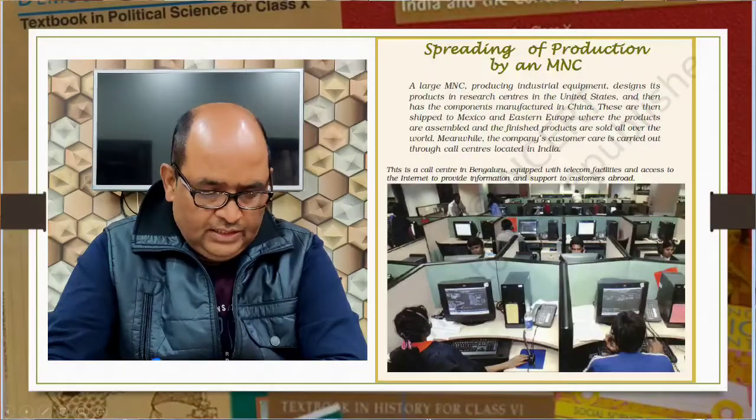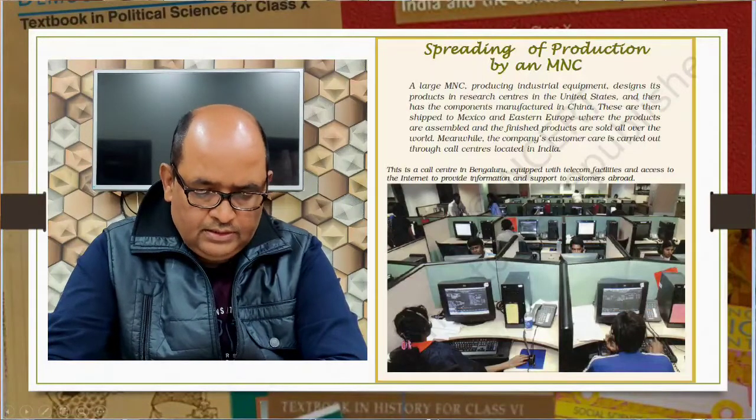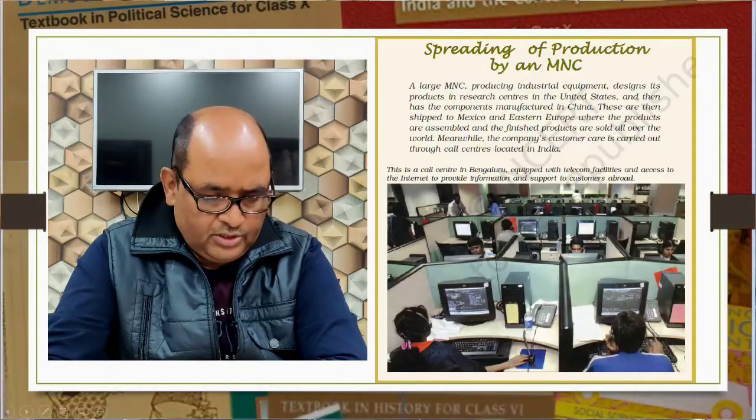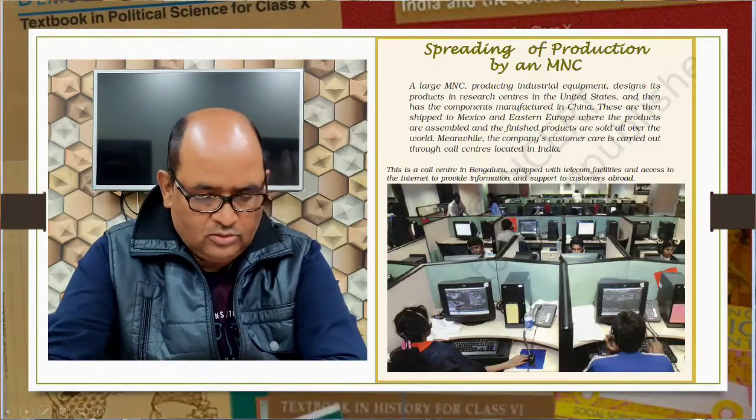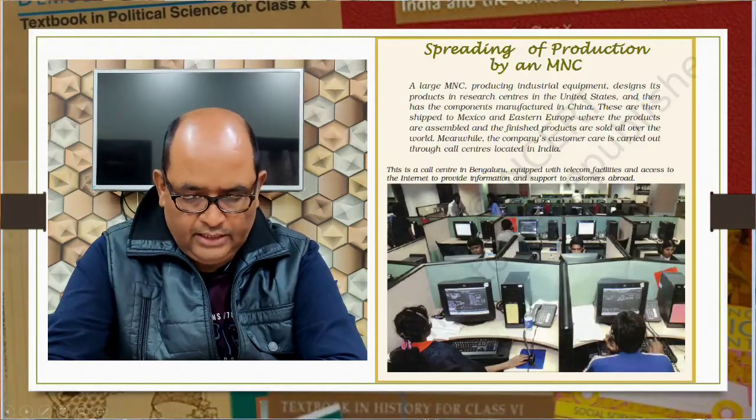You can see the box on page 56, spreading of production by an MNC. A large MNC producing industrial equipment designs its products in research centers in the United States and then has the components manufactured in China.